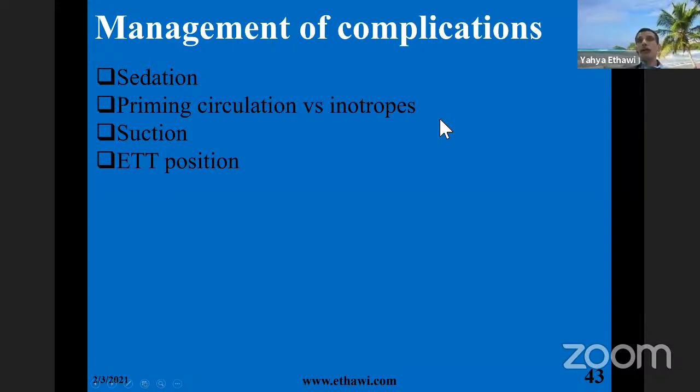If you have dehydration by lung ultrasound and you get hypotension, you might need to prime your circulation with a normal saline bolus and consider inotropes. The frequency of suctioning might interfere with the way you ventilate. And ETT position can cause a huge fluctuation of the CO2, especially the positioning of the head, whether it's midline, to the right or to the left.